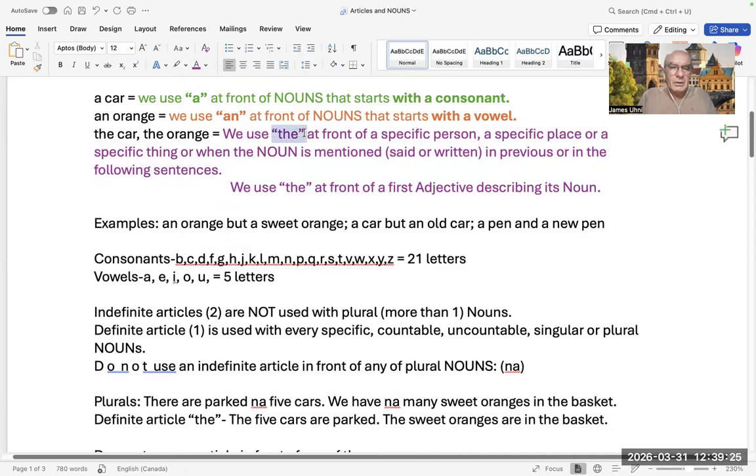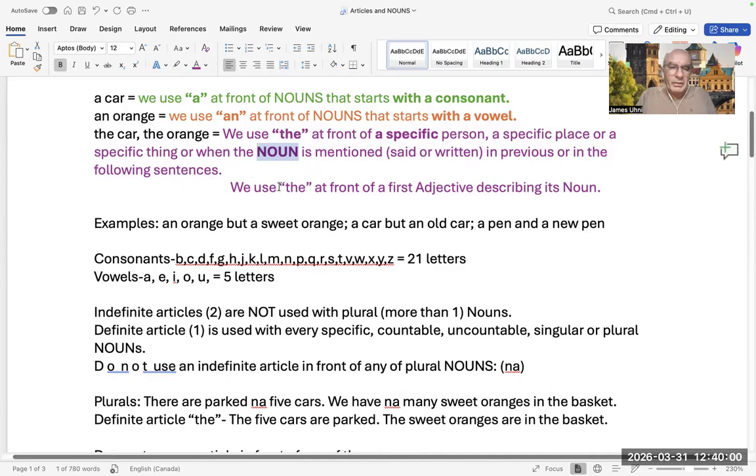We use the in front of a specific noun, when it's mentioned, said or written in previous or following sentences.